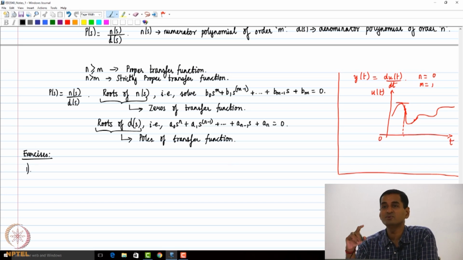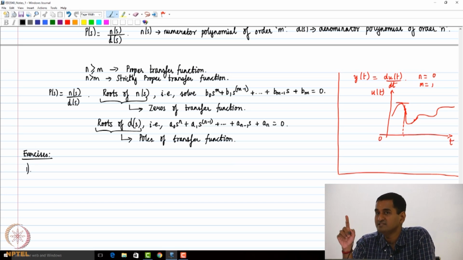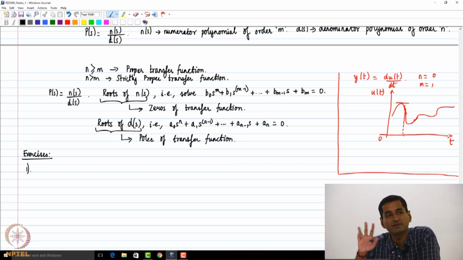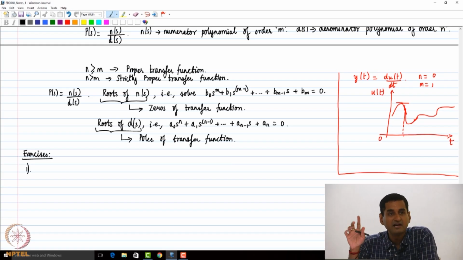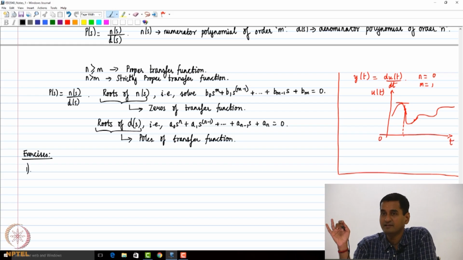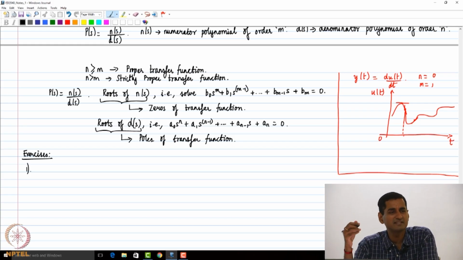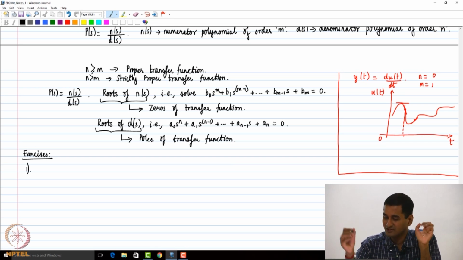I'm going to write down the governing ordinary differential equations for a few simple LTI systems, and you need to calculate the transfer function and get the unit step response. Or let's make life simpler: let's calculate the unit impulse response. You just need to take the inverse Laplace transform of the transfer function. That's all I want.